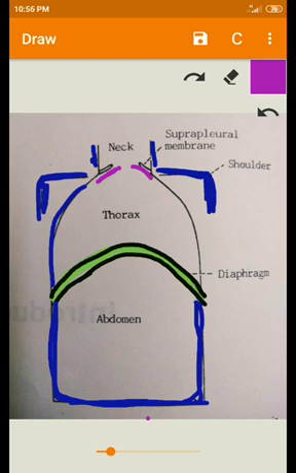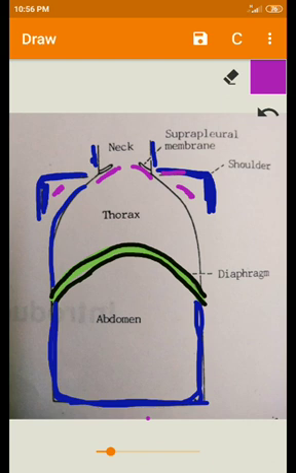The shoulders make it seem that the thorax occupies this space also, but this space is not formed by the thorax. The diaphragm pushes the thorax upward, so it appears larger than it actually is.